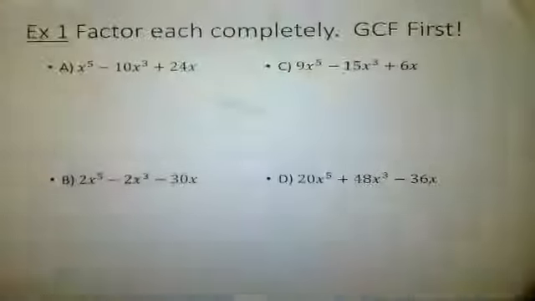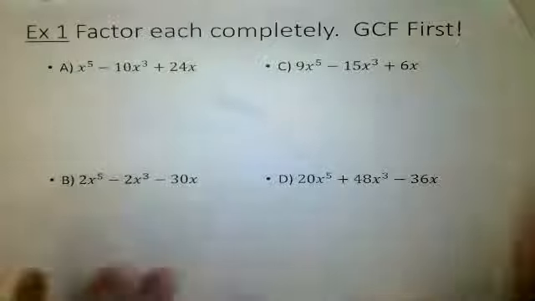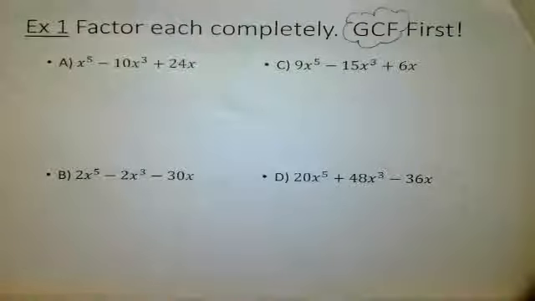All right, here we go. This is it. Example 1, factor each completely. Factor completely. And again, I'm reminding you, always check the GCF first. Greatest common factor first.